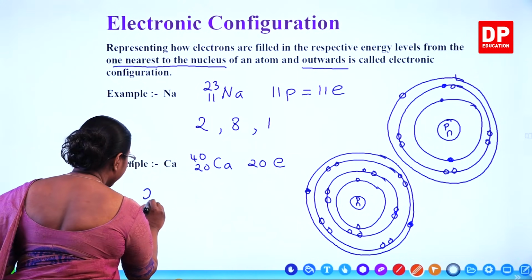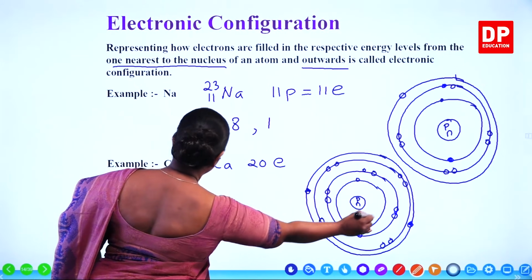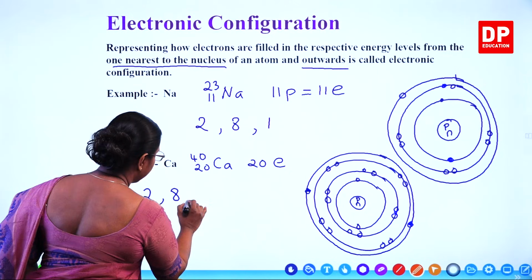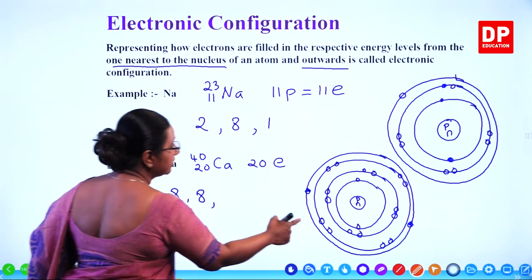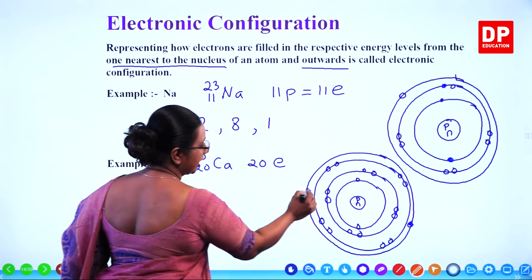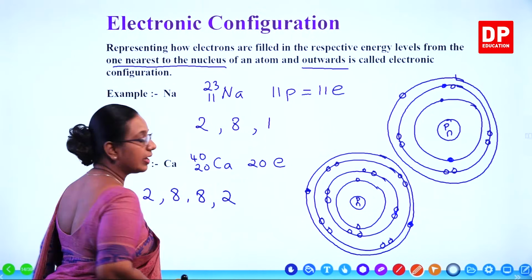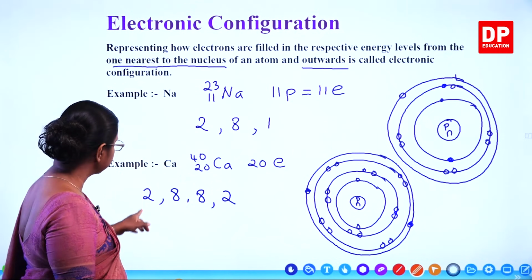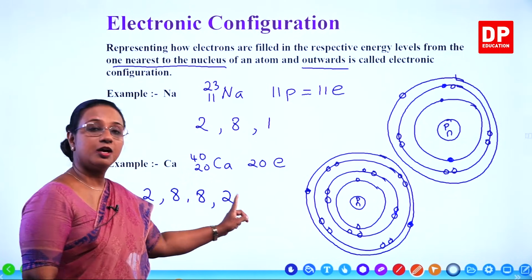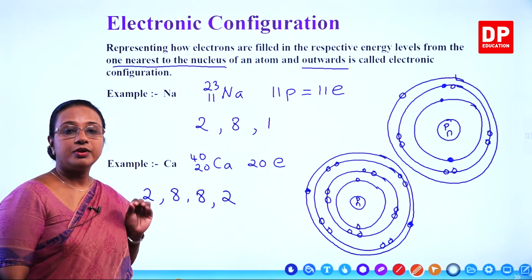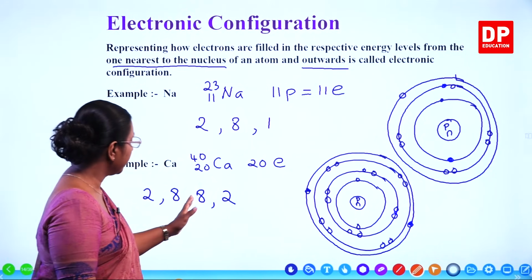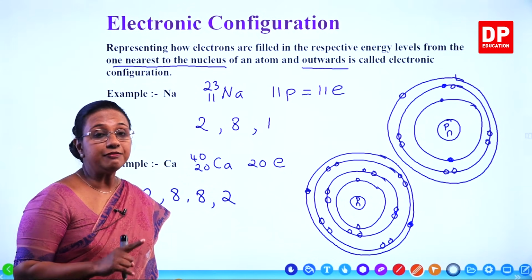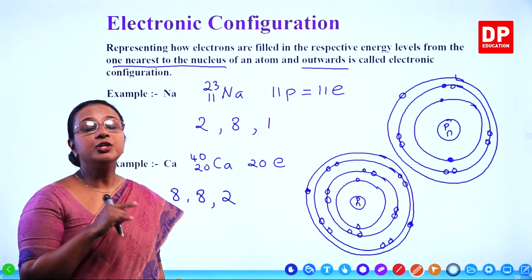The first shell has 2 electrons. The second shell, you can see, has 8 electrons. The third shell again has 8 electrons. And the last shell, that is the fourth shell, has the last 2 electrons. So the electronic configuration of calcium is 2, 8, 8, 2.